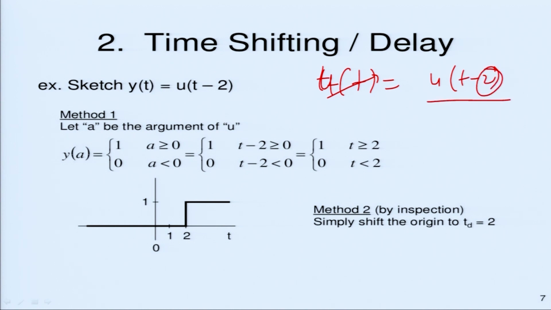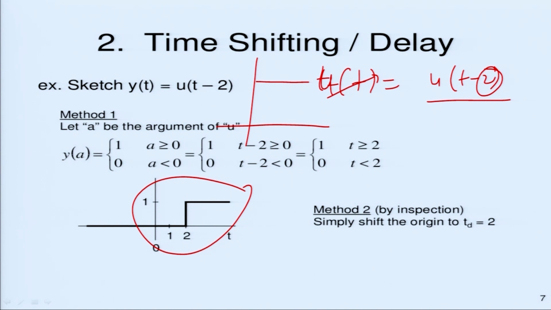Delay in time means whatever output you were getting at t equal to 0, now that output should come at t equal to 2. The value of the function should remain the same. Suppose this is the modified signal, and this was the original signal. Whatever operation you perform on a signal, the nature or characteristic of the signal should not change.